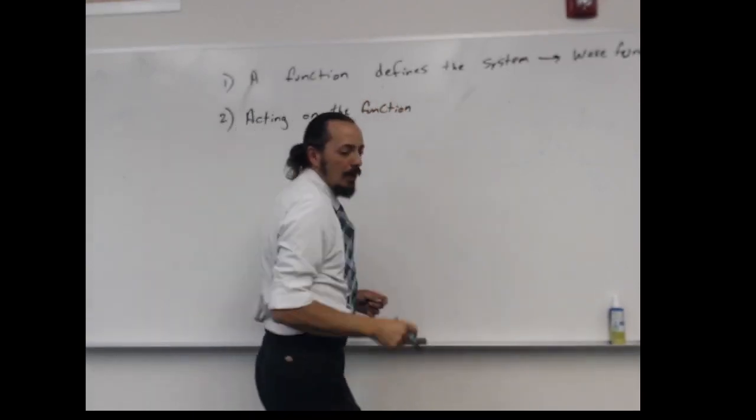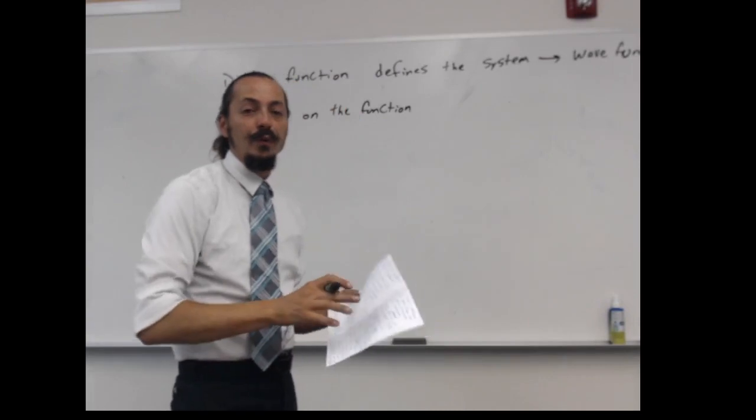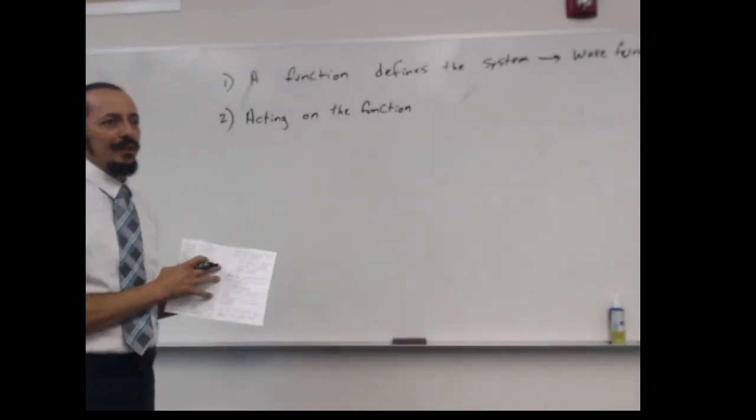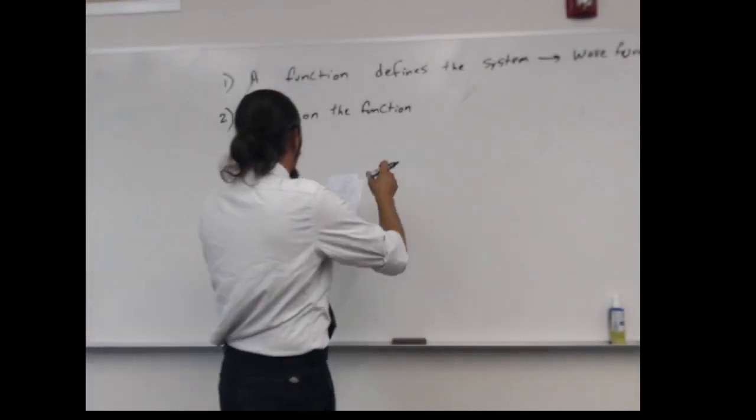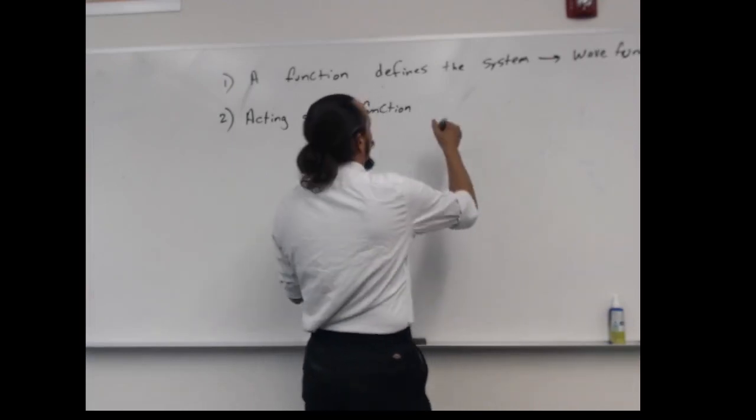And these aren't the words they put them in, these are the words I'm putting them in for the simple versions. The complicated versions sound very technical. Acting on the function is an operator.